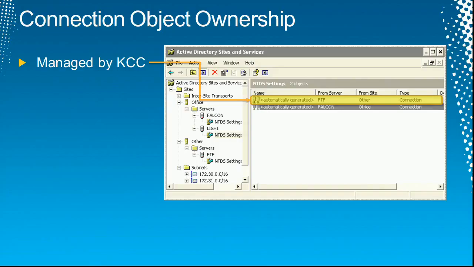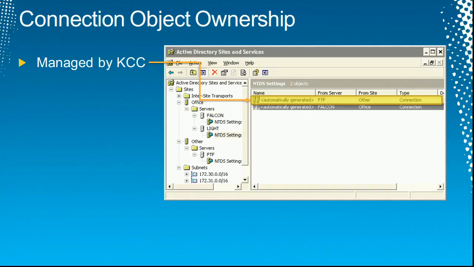But in this particular one, I want to mention that the KCC, the component that calculates the topology for replication purposes, will be able to manage those specific connections based on the number of DCs that are in the domain, for example. But typically, you will see something like that.